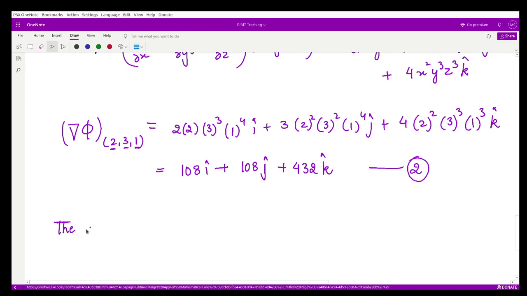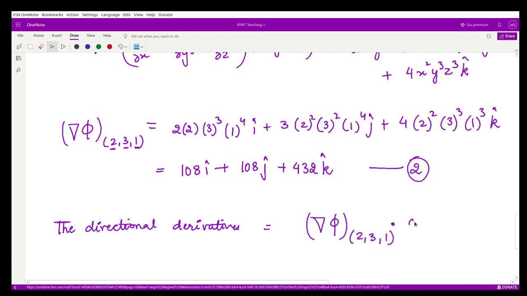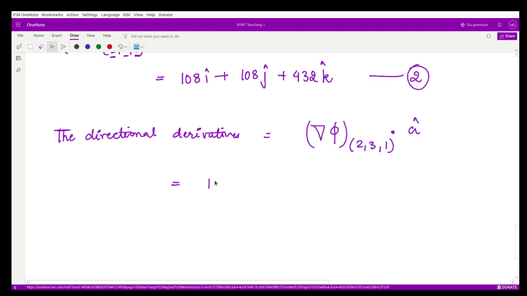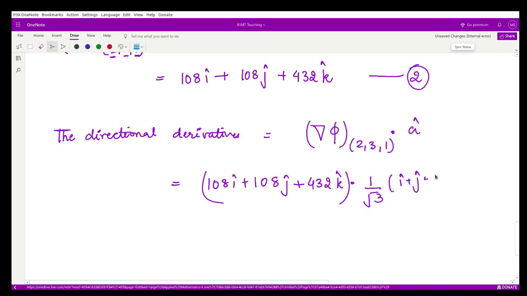Therefore the directional derivative simply becomes equal to the value of the gradient calculated at the given point 2, 3, 1 dot product with this vector a, the unit vector in the given direction. So this becomes equal to 108 i cap plus 108 j cap plus 432 k cap dot product with the unit vector, that is 1 by square root 3 times i cap plus j cap plus k cap.